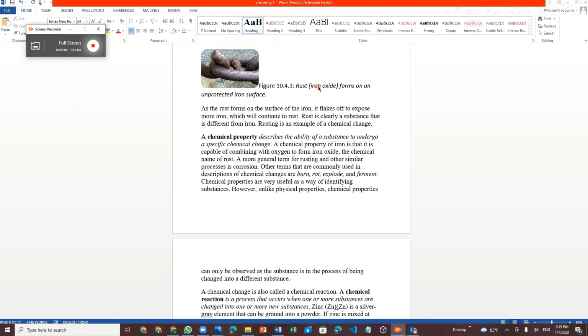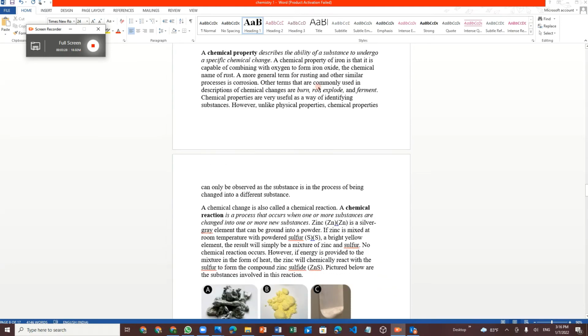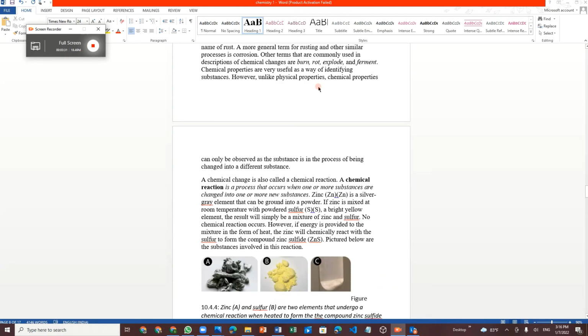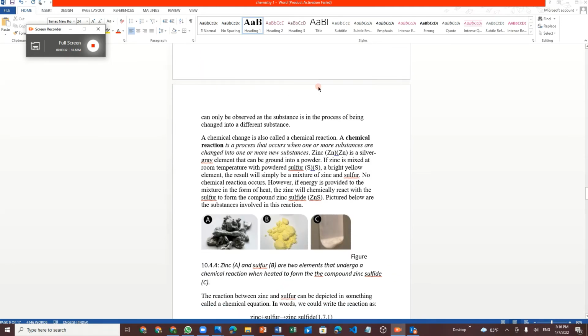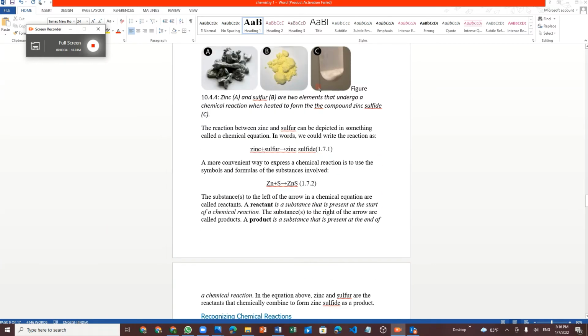After 15 to 20 days, if you come into the room and see, the iron nail will be rusted, because the oxygen and the moisture, the humidity in the air, come in contact with the iron, and it rusts. So a chemical change involves a chemical reaction, and a chemical change is nothing but a change of properties.